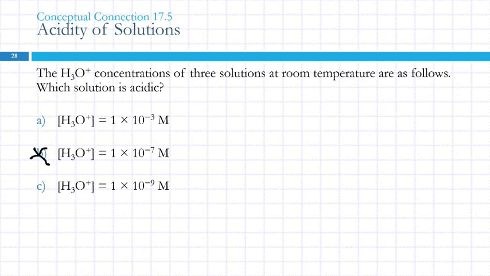Acidic solution, it's going to have more acid. So it's going to be this one, because this is a larger number than that one. This one's neutral. What about this one? It's going to be basic. Questions?